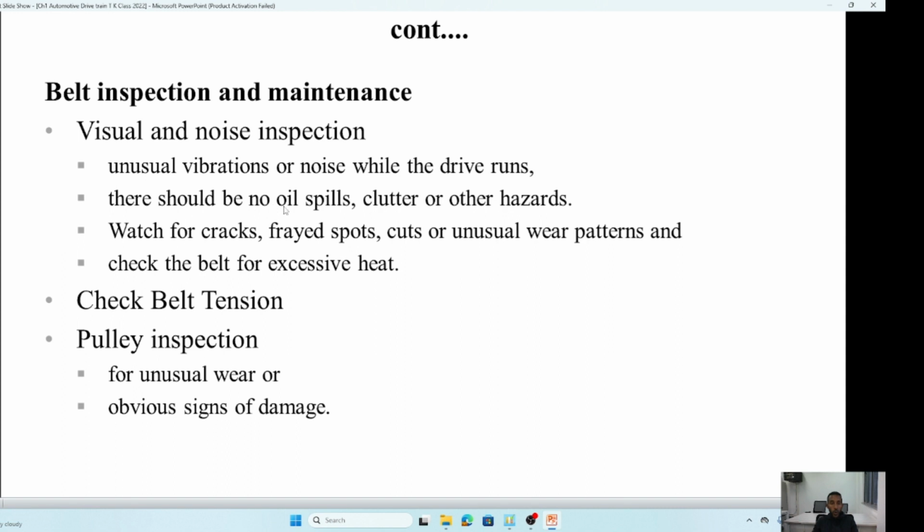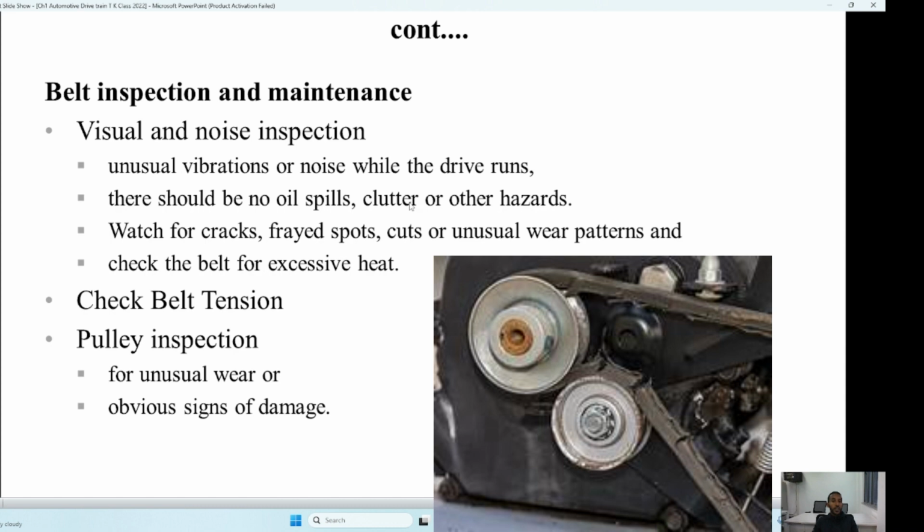There should be no oil, spills, clutter, or other hazardous material around belts, because as we know, a belt is an easily damaged part due to clutter or hazardous material. If there is some oil, there will be slippage. If there is slippage, too much friction will be created, and that will create some fried spots.